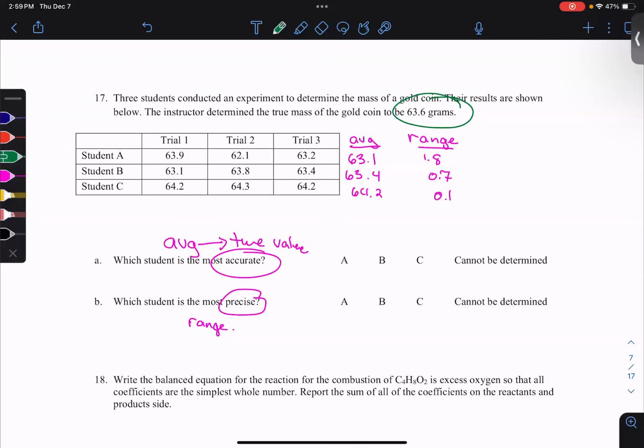What if I didn't tell you the true value? You can't figure it out. But could you still do precision? Yes. Who's the most precise? Student C, but since I did give you the data, student B is the most accurate. But again, the answer would be could not be determined if I didn't give you the second sentence.